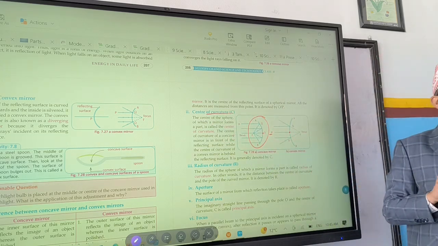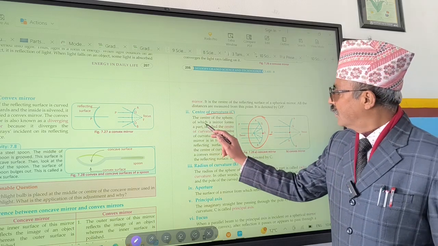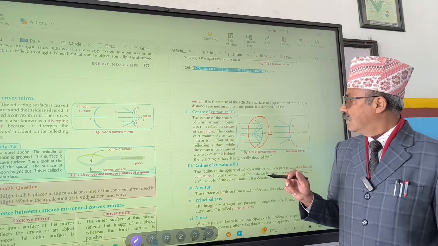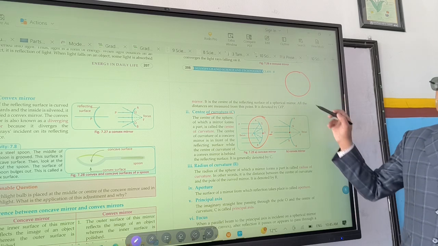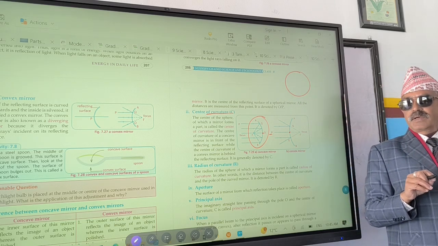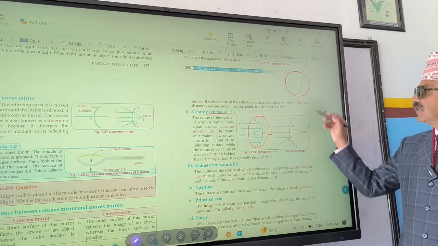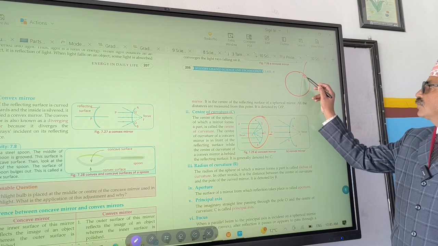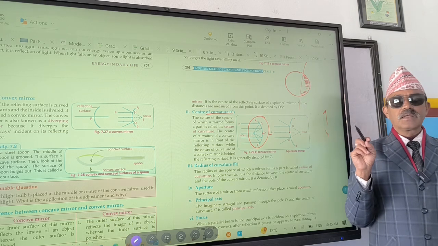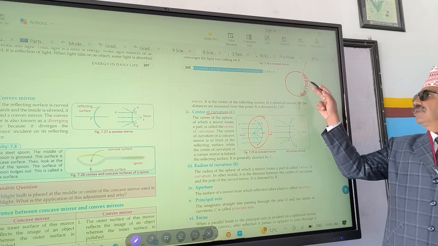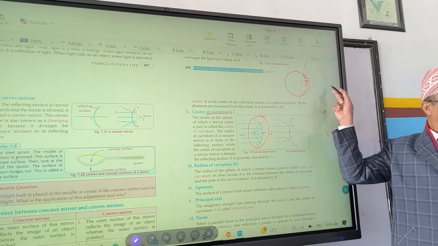Point number 2, center of curvature. What is meant by center of curvature? It is believed that there is an imaginary sphere, and that sphere is cut into some parts. If it is polished inside, which mirror is formed? If the inner part is polished, it is a convex mirror, because the outer part is reflecting.